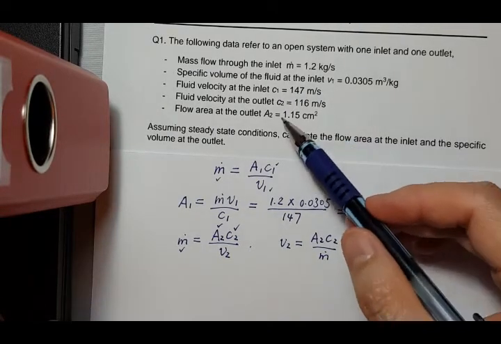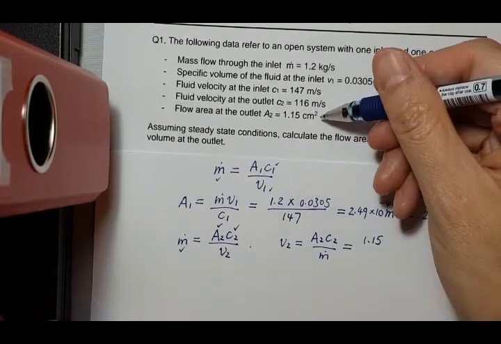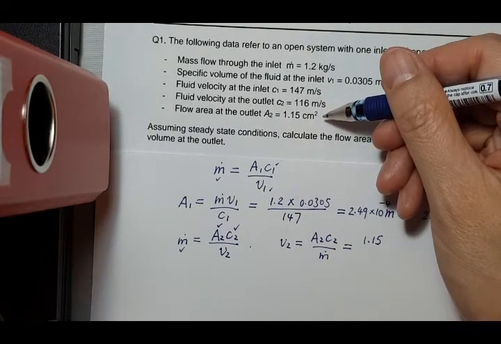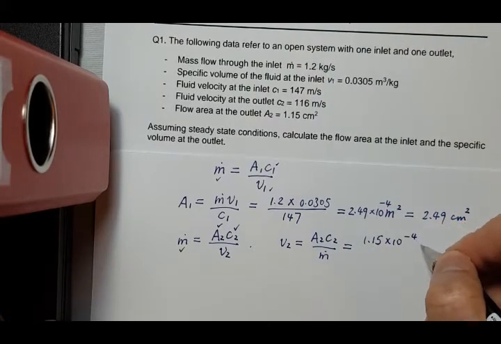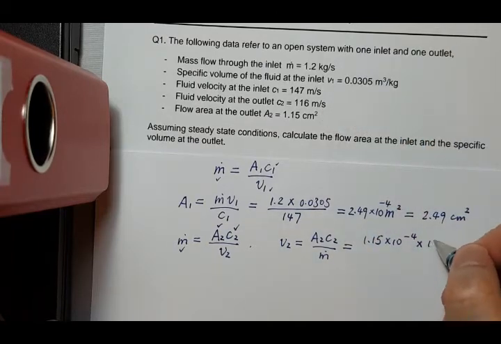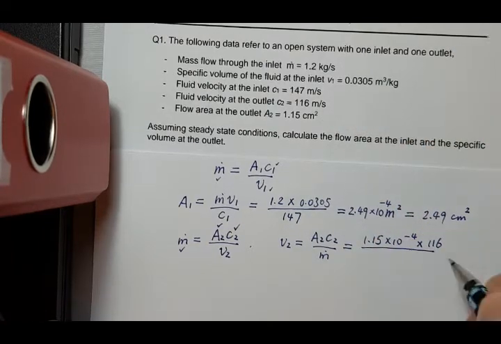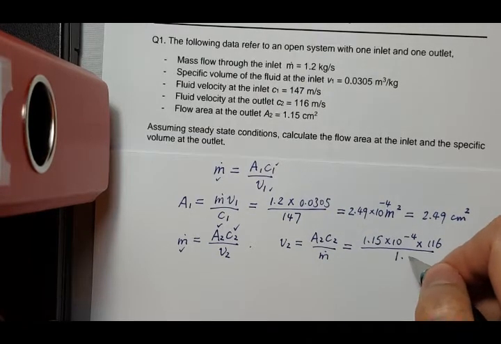A2 here is 1.15, but be careful, that's in centimeter squared, so it's not SI base unit. So we need to convert that to square meter, times c2, which is 116, divided by m dot. m dot is the same, 1.2.